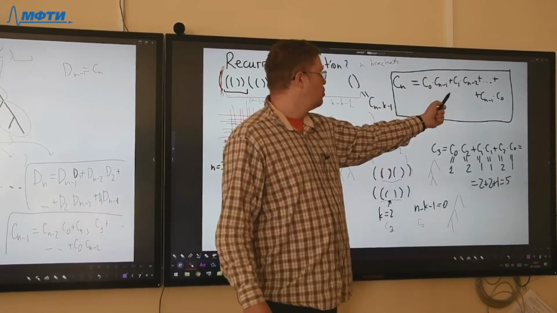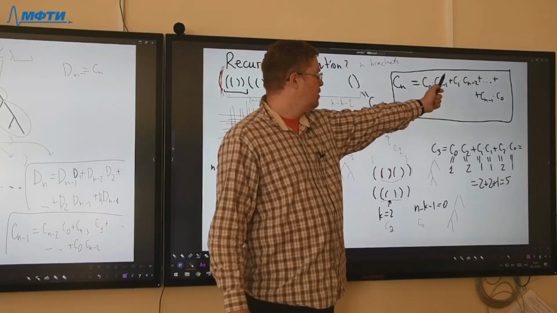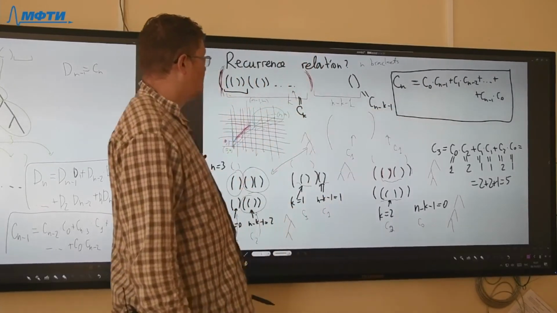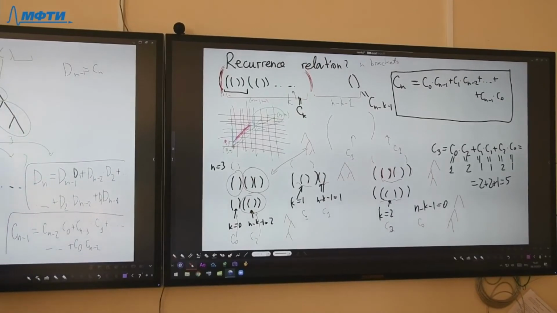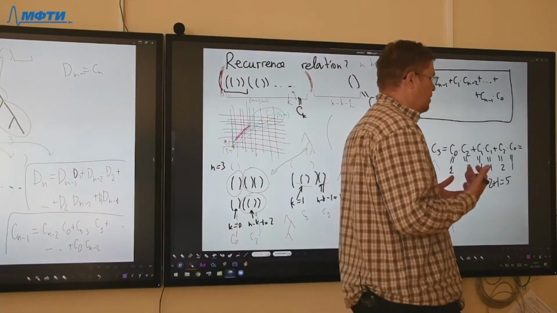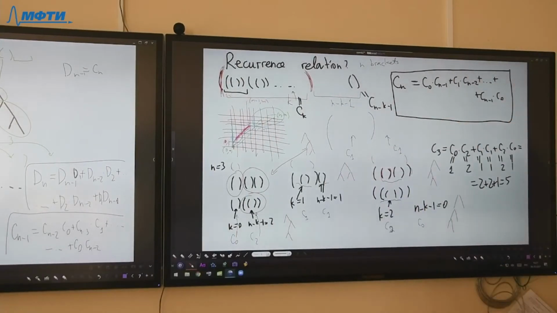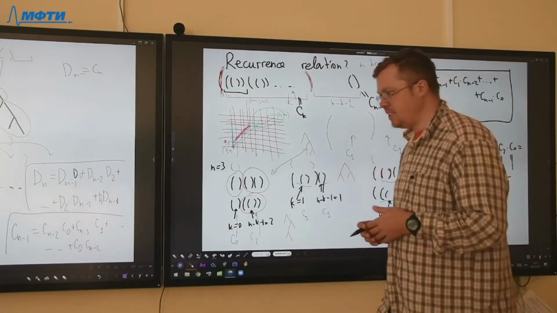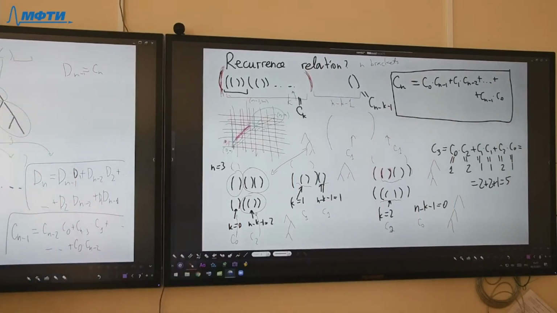So actually we can use this relation to find the formula for the Cn. But today we will have a tricky way of doing this using some geometry. So we'll use geometry to find the formula for the Cn.